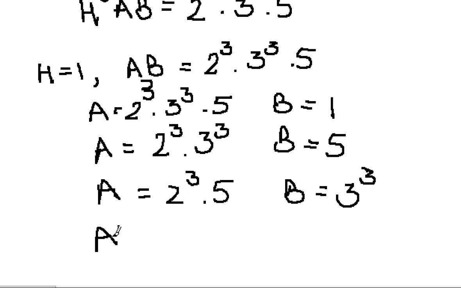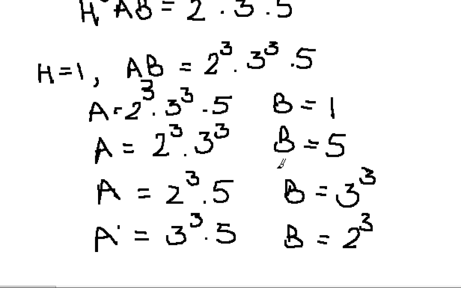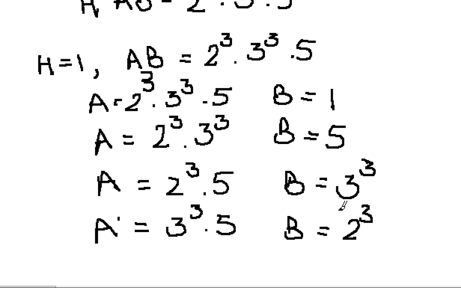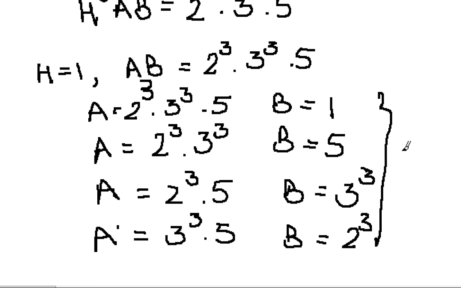Similarly, we can take a equal to 3 cube into 5, and b could be 2 cube. Note that these a and b could be reversed also. We are not taking ordered pairs here. So we'll see that these are the only 4 possible ways this can happen. So we'll just write the number of pairs here to keep a count.